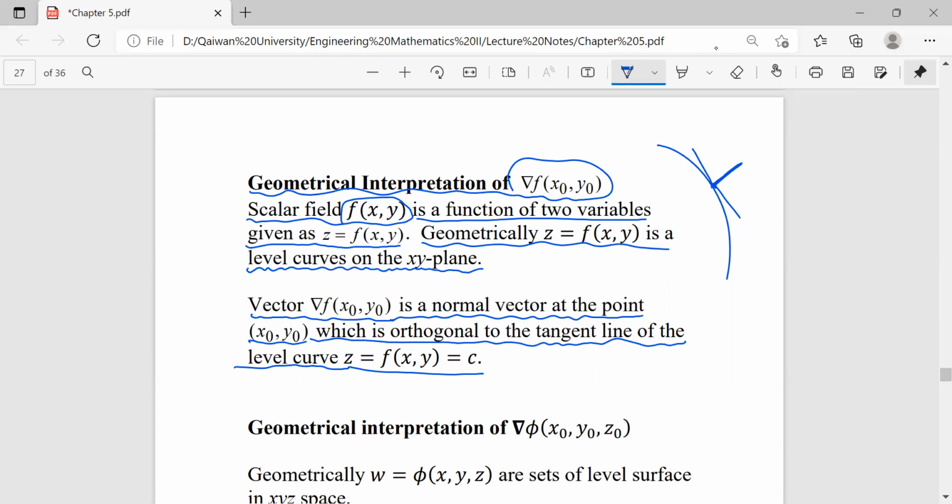At this point, this is the normal line. This represents the gradient of f at x naught, y naught. This is tangent, this is the normal line.